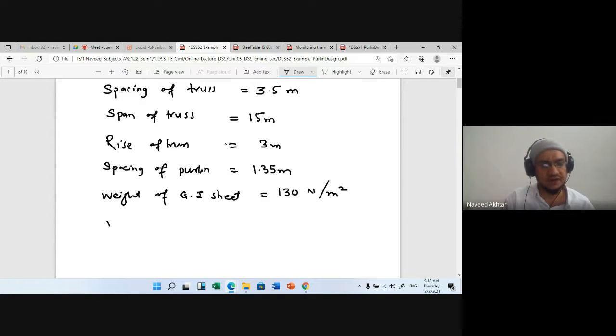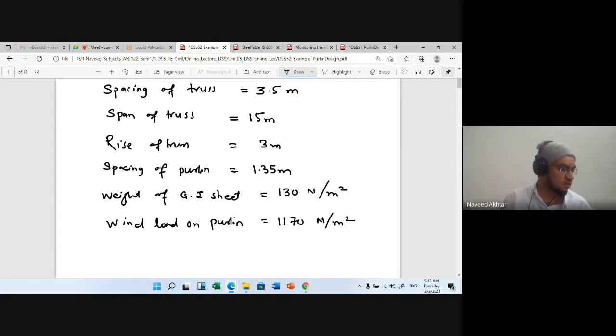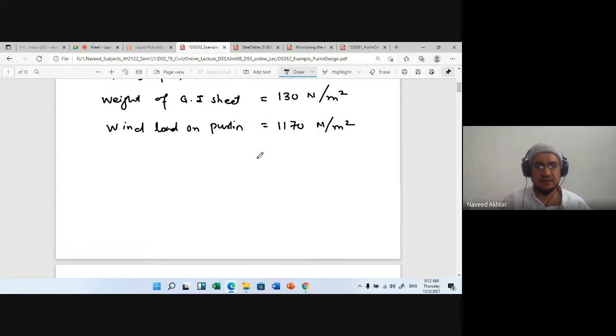Wind load on purlin is given, that is 1170 Newton per meter square. So you have to design the angle purlin. This is the given data in the example itself, so there is no need to repeat and write it.